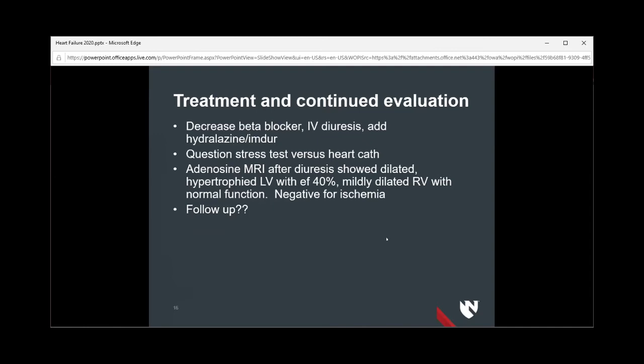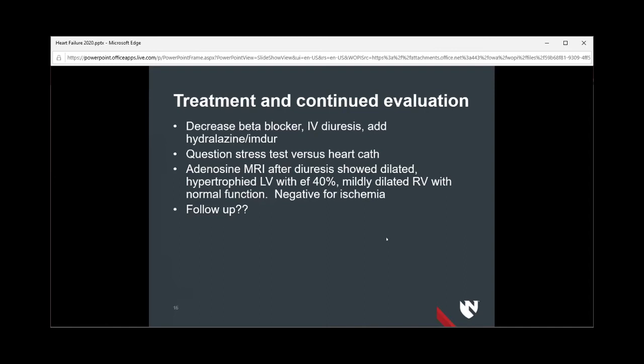We then discussed different ways to look at his heart function to assess for ischemia, as he clearly smoked 2 packs a day and has family history of coronary disease. His creatinine never really improved beyond 1.6 to 1.7, so we decided not to perform a heart catheterization.